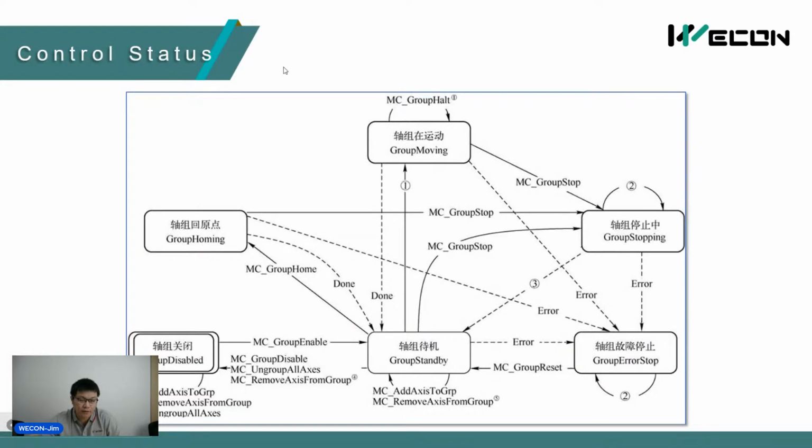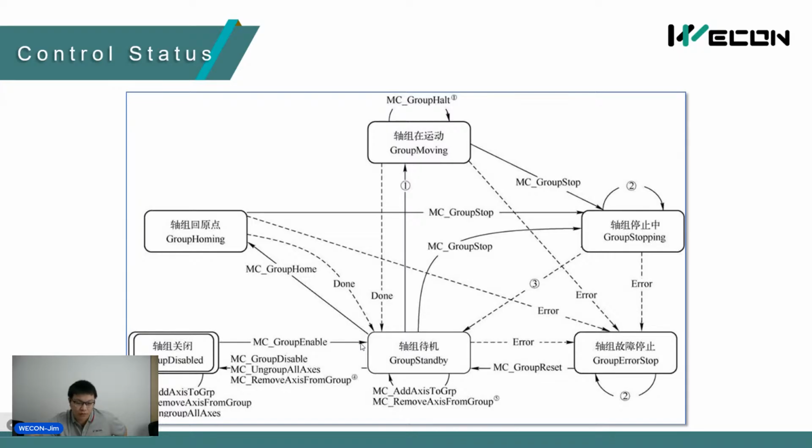And our axis group also has some control status, which is similar to a single axis. And these are the different control statuses of our axis group. After power on the axis group, the status will change to group standby.